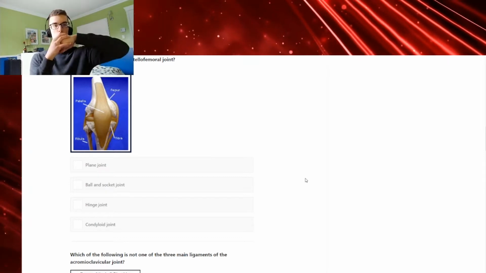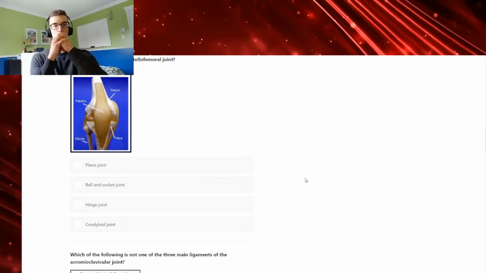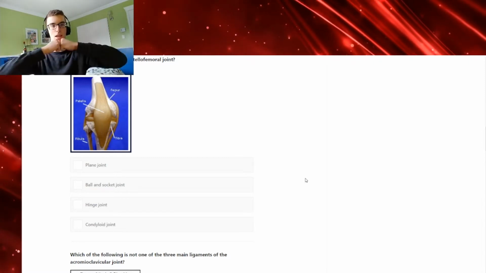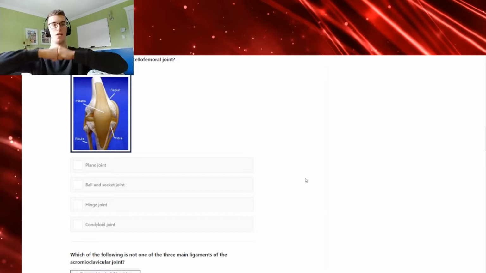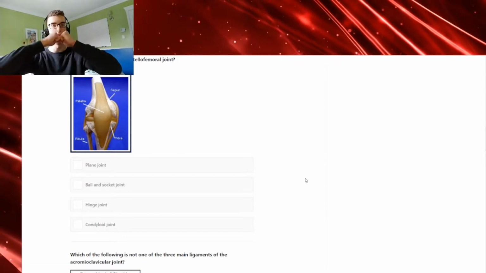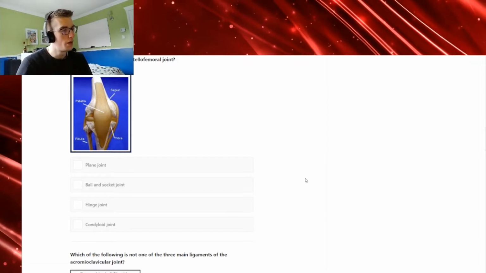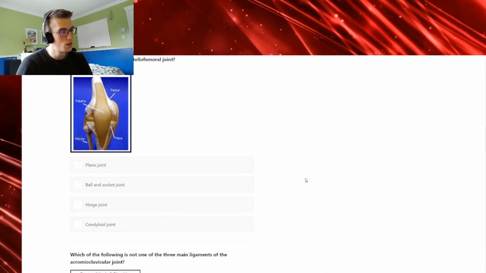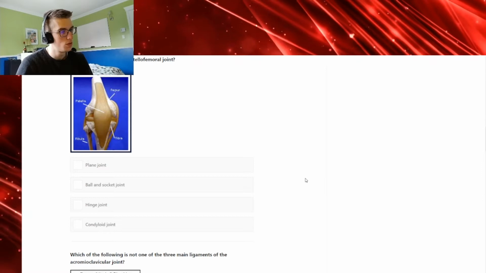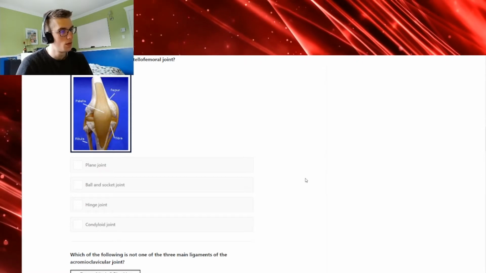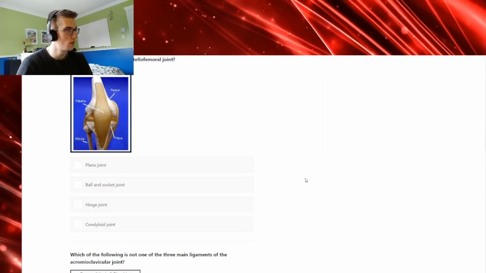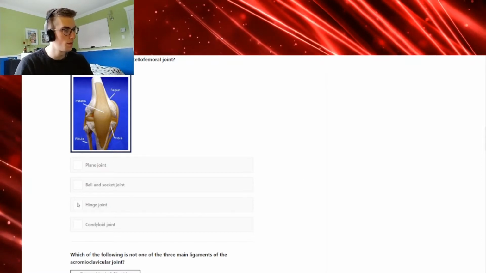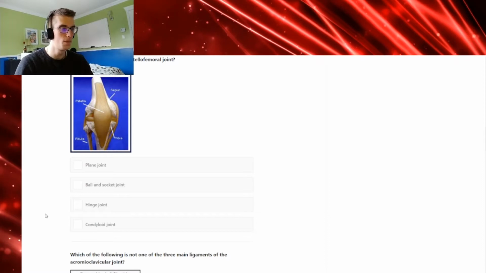It's the glenohumeral cavity, so it rolls in the cavity like this. The knee is more like going like this, flexion and extension. I don't know how you call this one. Hinge joint, condyloid joint, or plane joint. I think it's hinge joint. I'm not sure. Let's go with that one.